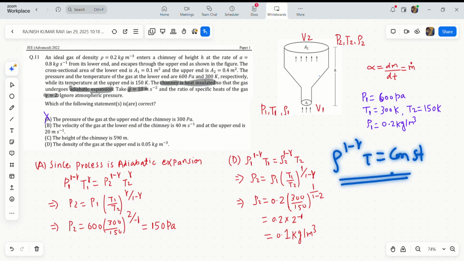If I apply this equation at the lower and upper end, we can write these things. From here we can find the value of ρ2 as 0.1 kg per meter cube.